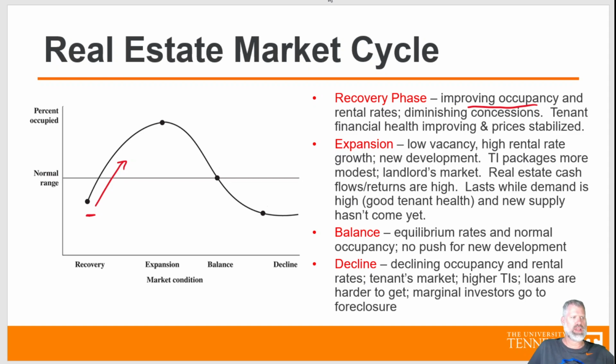Rental rates would also be starting to improve, maybe some slight growth or definitely some leveling out. They wouldn't be declining anymore as they would on the downside of the market cycle. We would see tenant health improving, and prices for property would probably be stabilized and maybe even starting to tick up a bit as we're into the recovery.